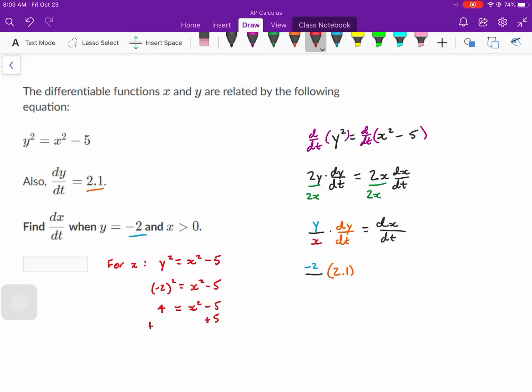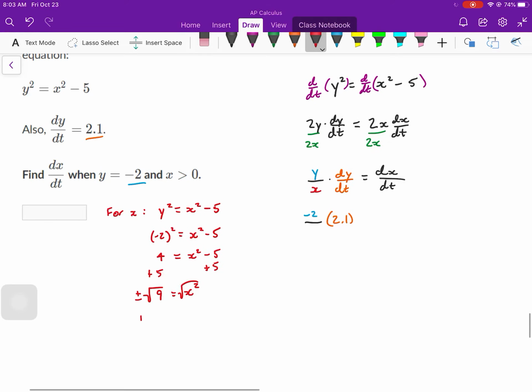Add the 5. Then what do we do here? We square root both sides, and when we square root both sides, that's where that plus or minus comes in. So our answers are plus or minus 3. Well, this says that x is greater than 0, so we're going to have to go with the positive 3.